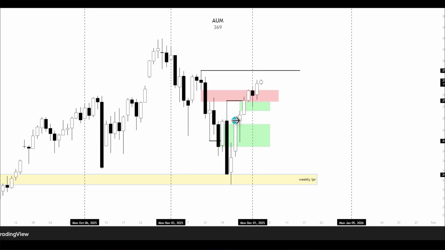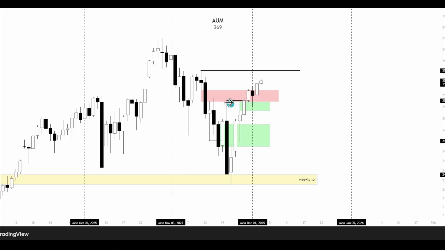You can see price going inside this range, closing above this range, moving inside this range again, going above. This is a drawn liquidity, as you can see. It goes inside this range, moves into the drawn liquidity, moves inside another range, and doesn't close below it.